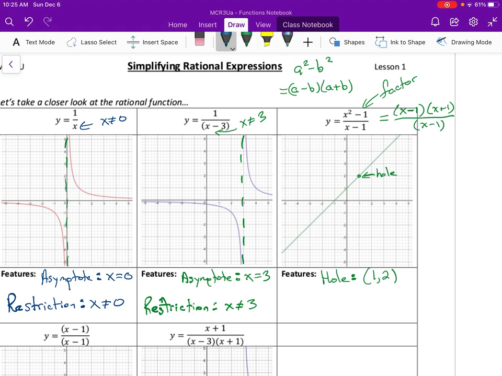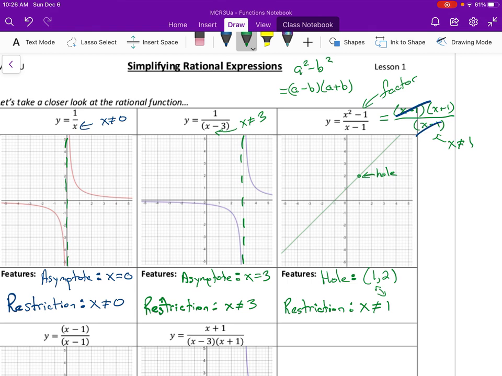Once I do that, now I can divide out what's common. I'm going to divide out x minus 1 in the denominator and the numerator, and my restriction here is x cannot equal 1. And you notice my restrictions match the hole. So my restriction here is x cannot equal 1, the same one as the hole.